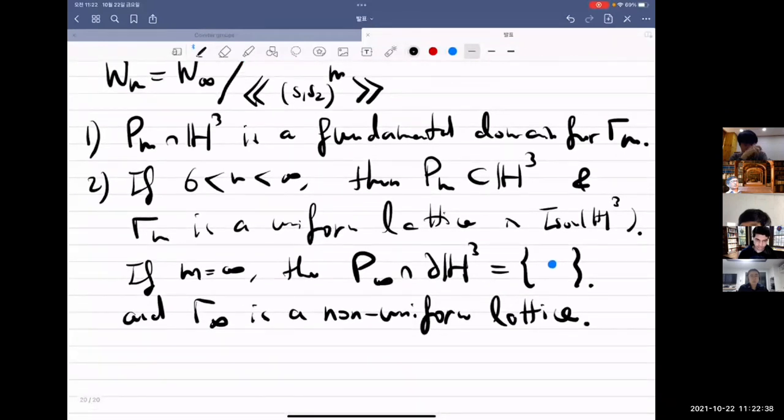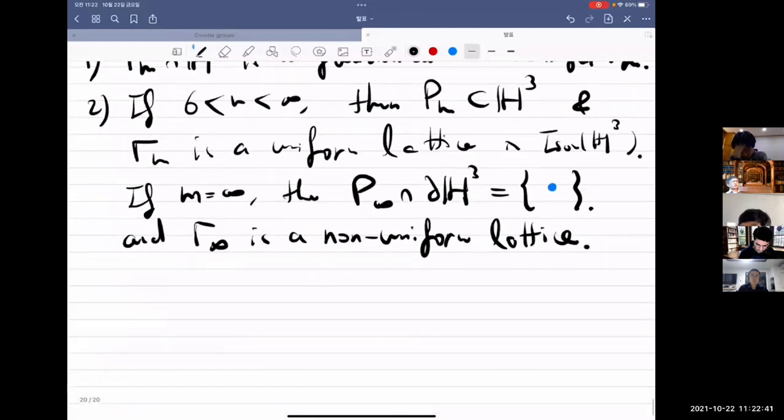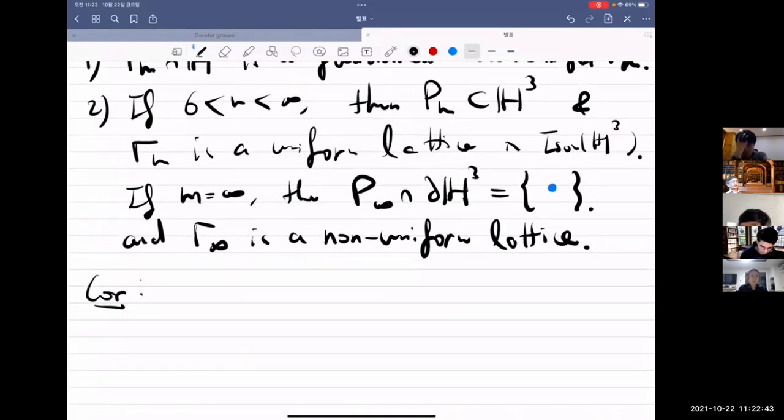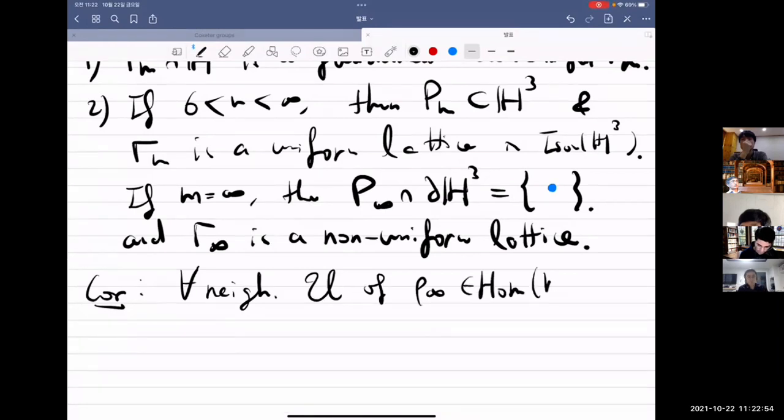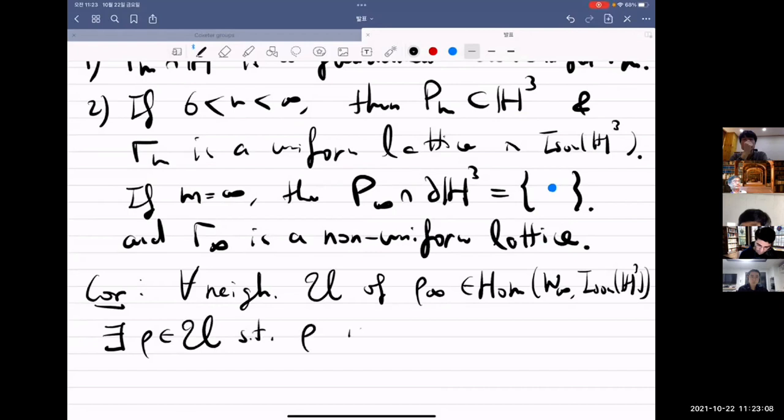So from this, we can easily see the following corollary: for any neighborhood U of rho_infinity in Hom(Gamma_infinity, isometry group of H^3), there is a rho in this neighborhood such that rho is not conjugate to rho_infinity.